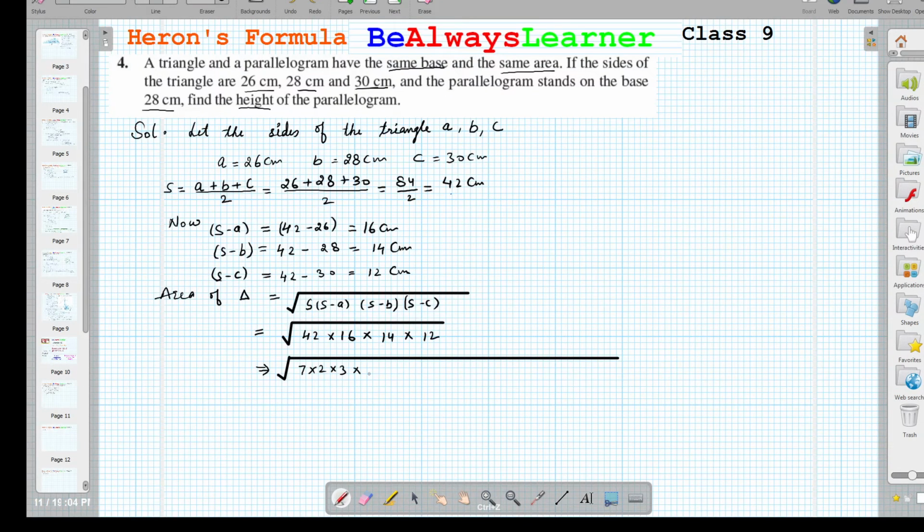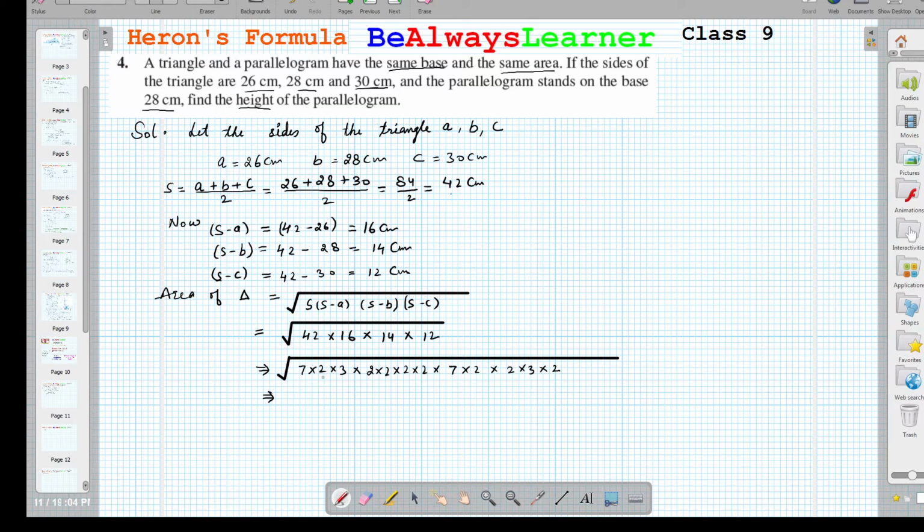We can also write 2 into 2 and again 2 into 2. 14 is 7 into 2, and 12 is 2 into 3 into 2. So that's how we can write. Now we can make the factorized pairs so that we can calculate the square root.